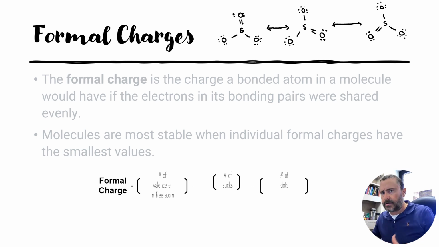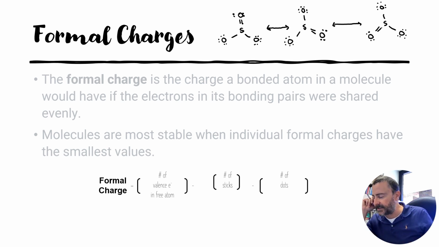All right, so to determine a formal charge, we can do the number of valence electrons if the atom were a neutral free atom by itself. So if it was an oxygen, oxygen is in group 6, the number of valence electrons would be 6. Sulfur is in group 6, the number of valence electrons would be 6.